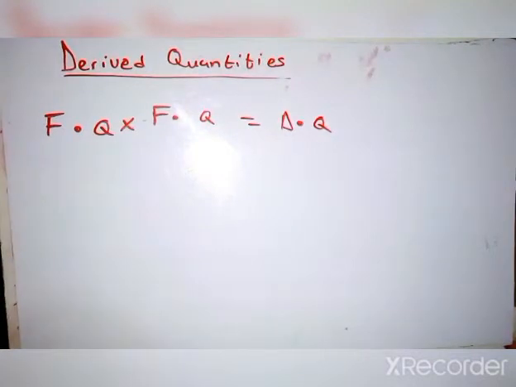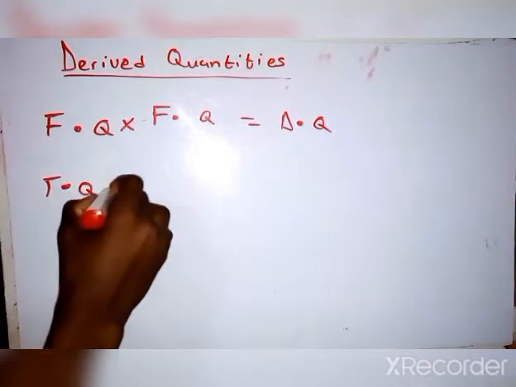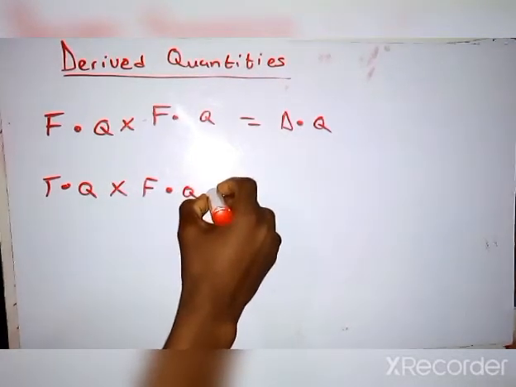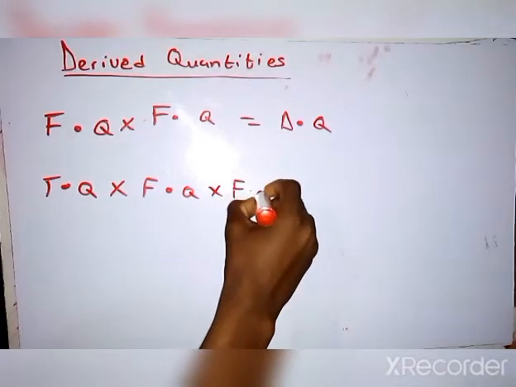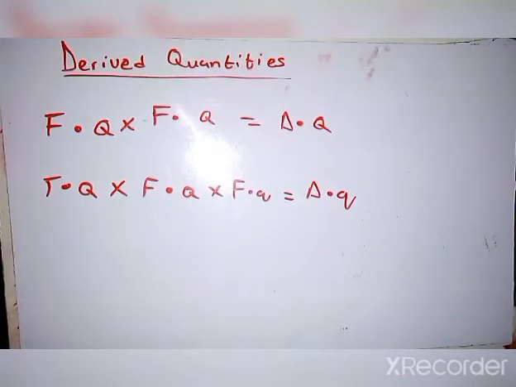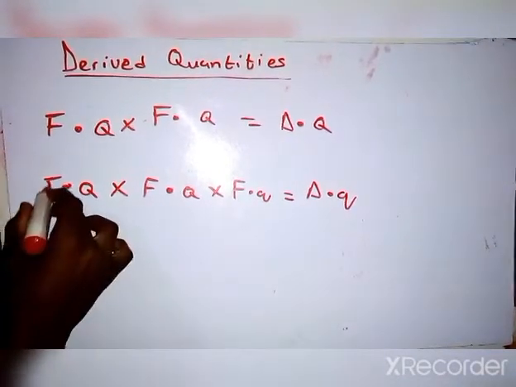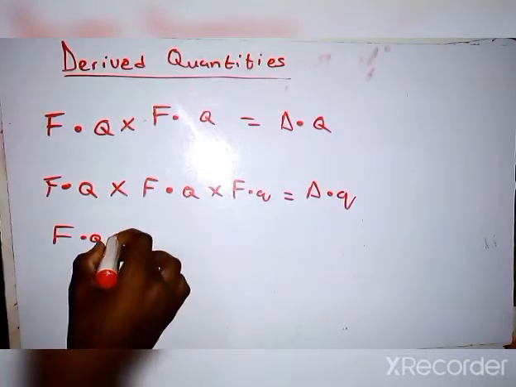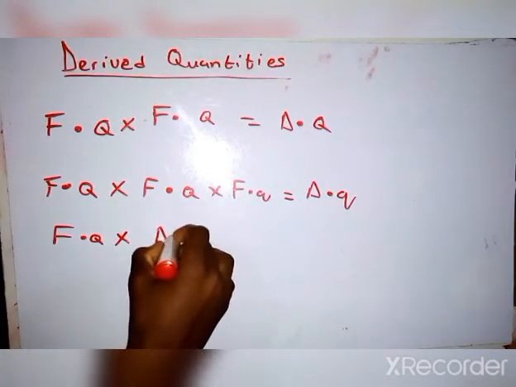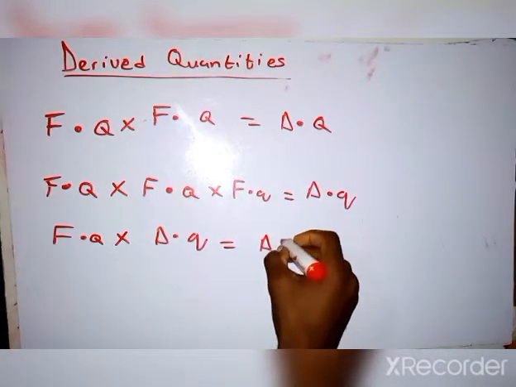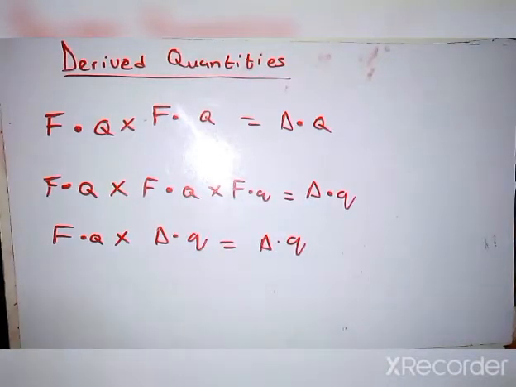Or fundamental quantity times derived quantity, two or more, will still give you a derived quantity. So that's how we get derived quantity.